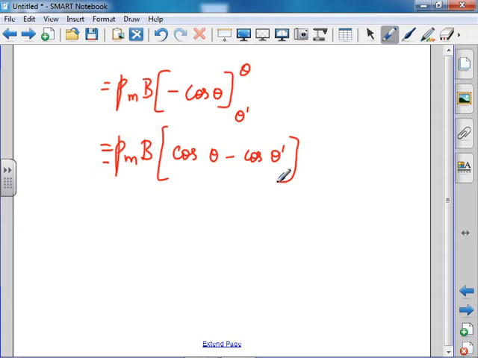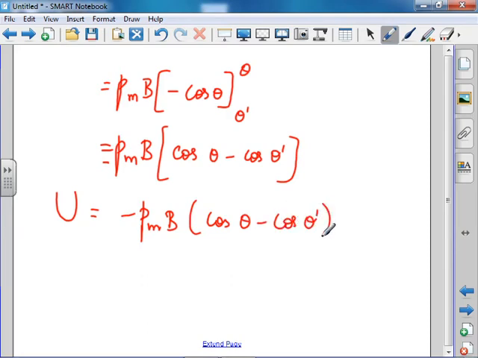This work done is stored as potential energy when we rotate the magnet from theta dash to theta. The work we do in moving the magnet is the potential energy saved. So this work done is represented by the letter U and it is equal to minus PMB into cos theta minus cos theta dash.